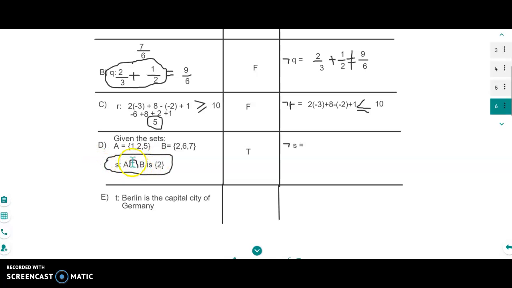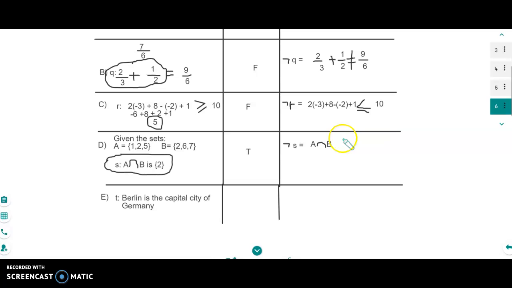So we can say the opposite of this, A intersected with B is 2. If we are going to say the negation of this, we can say the following sentence. We can say is different, all right? So A intersected with B. So let's draw the intersection sign. Okay, so A intersected with B is different to 2.